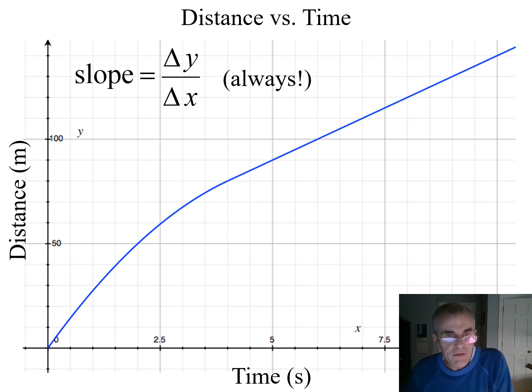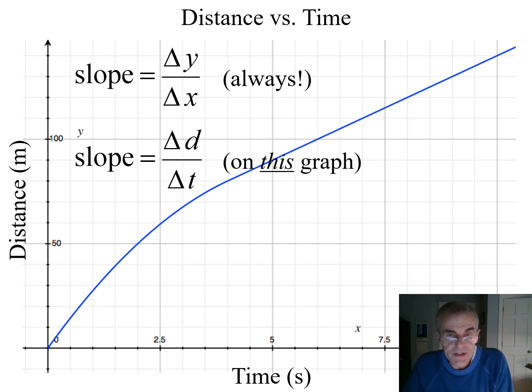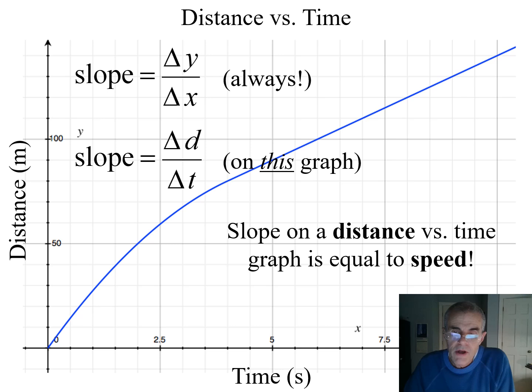However, on this graph, if you think about what is on the y-axis, distance, and what is on the x-axis, time, the slope on this graph will be delta d over delta t, change in distance divided by change in time. And that would be speed on this graph. So this is a very important idea in physics, that the slope of the graph represents the speed and is equal to the speed of the object for which the data on this graph is valid.